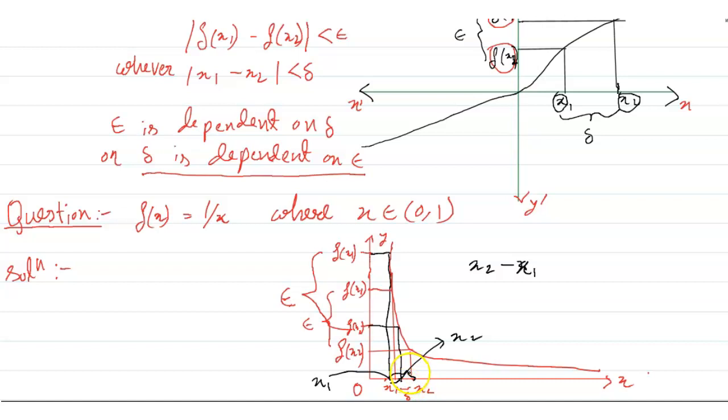This is delta and this is delta 1. So |x2 - x1| < delta.